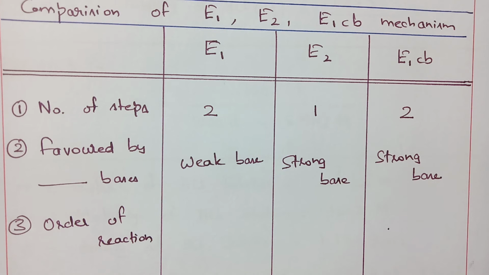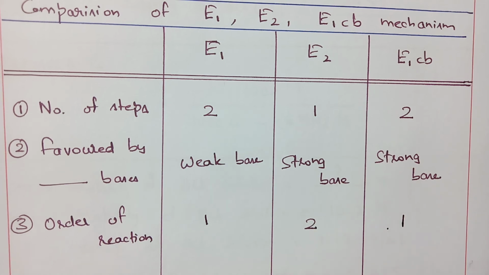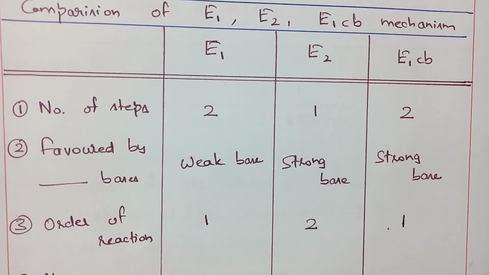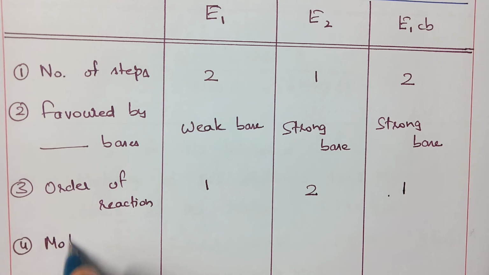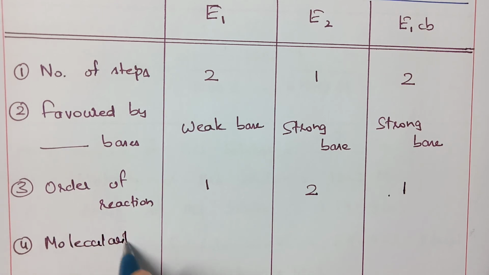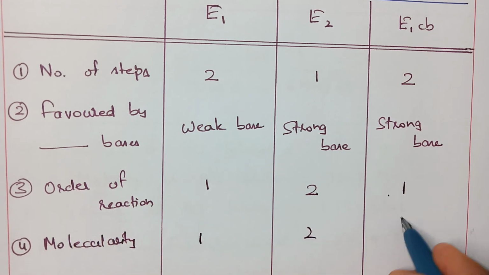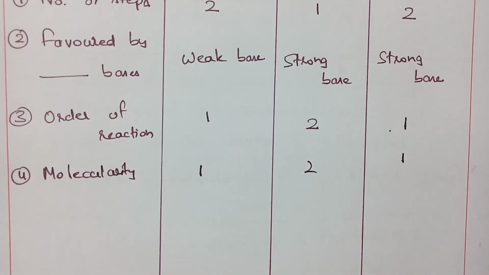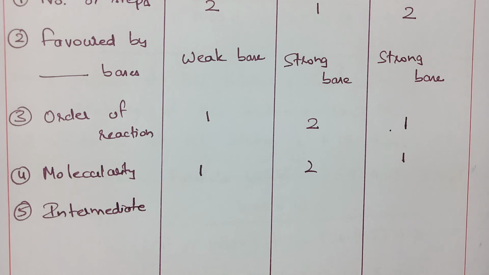Order of reaction: here it is 1, here it is 2 and again here it is 1. Next, molecularity: 1, 2, 1. Intermediate formed.